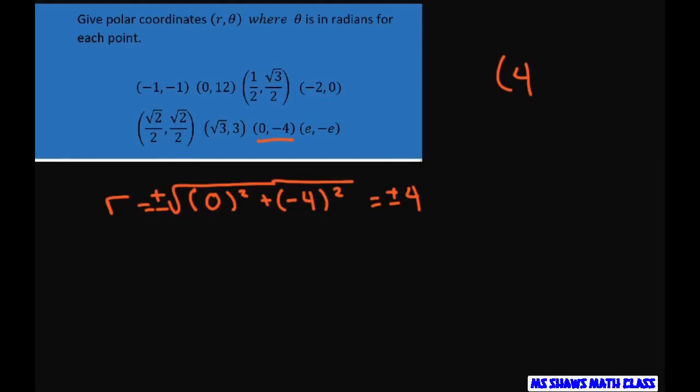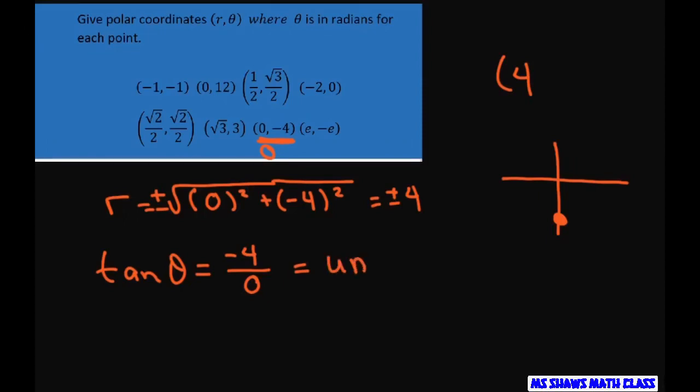Here we're in quadrant 3. Well, actually, we're on the axis. So let's draw that out. (0, -4) is right there. So when you look at this, tan θ equals -4 divided by 0, and that equals undefined. But you can see here where your point is, and we know that this is at 3π divided by 2.